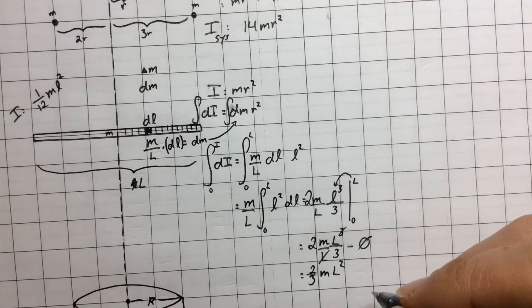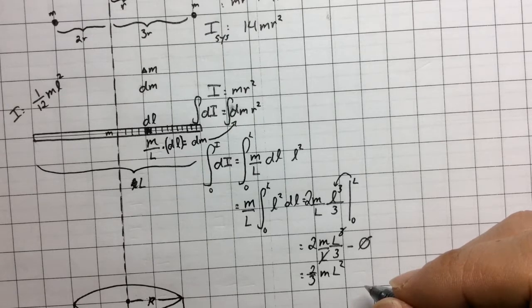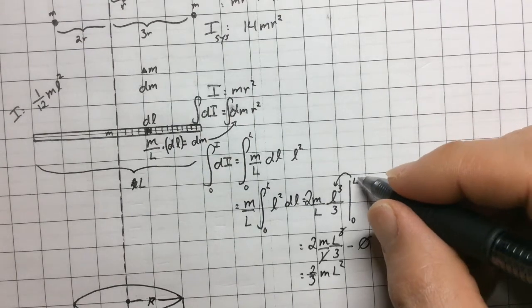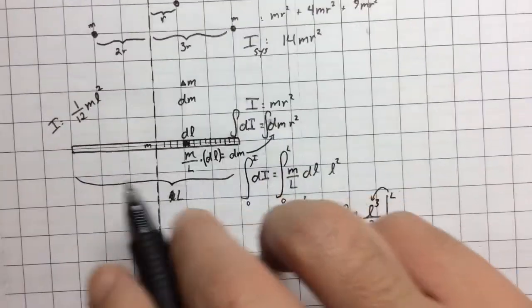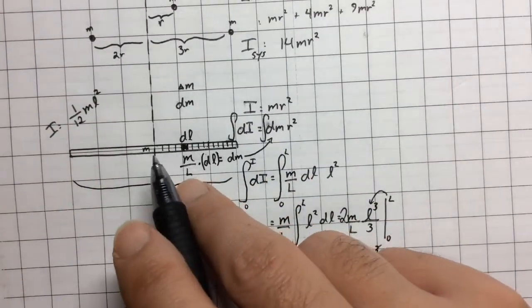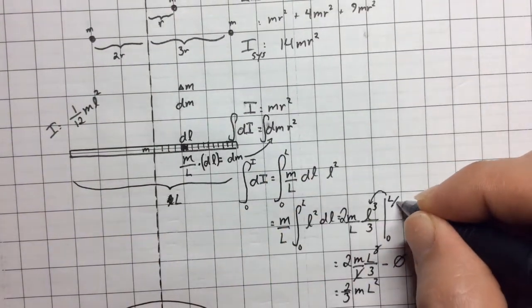What is wrong with this? Oh, you know why? It's because it's not L. We're not going from 0 to L. The whole thing is L. We're going from 0 to L over 2.